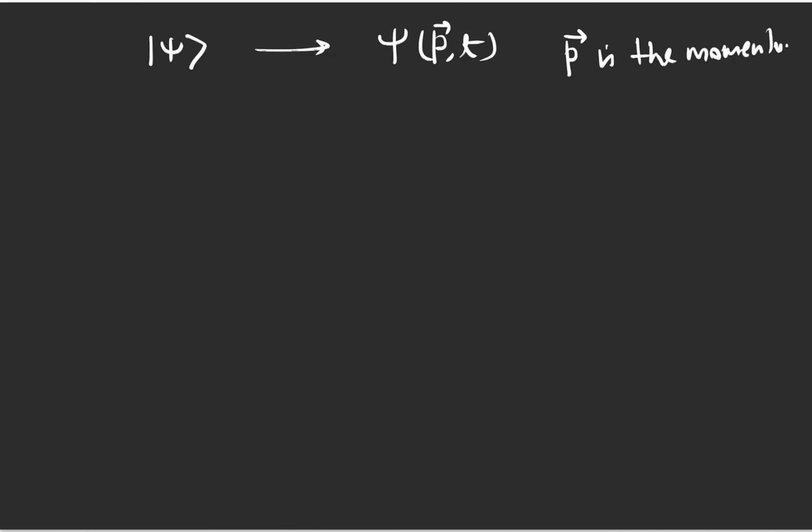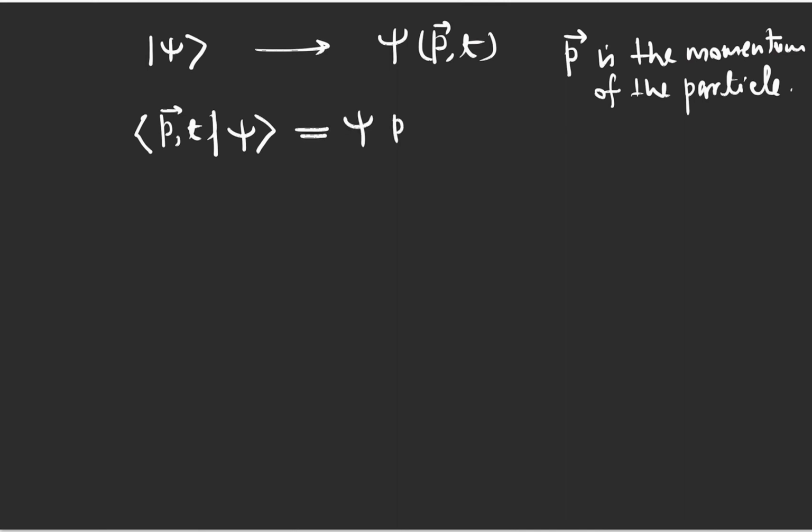In this case, the state of the particle will be described by psi(p, t), where p is the momentum of the particle, which can be written as (p, t) ket psi is equal to psi(p, t).